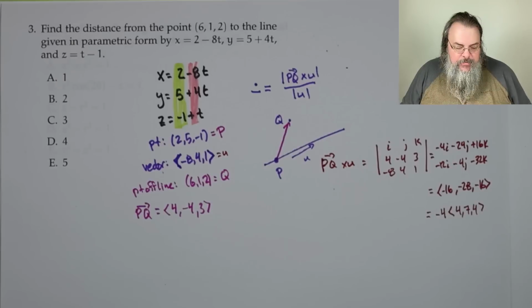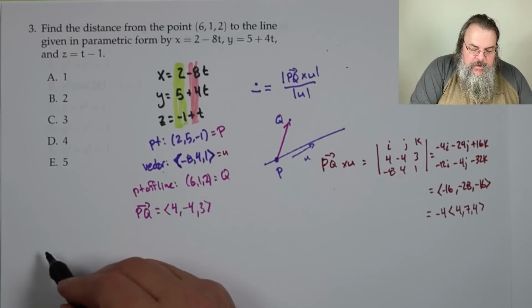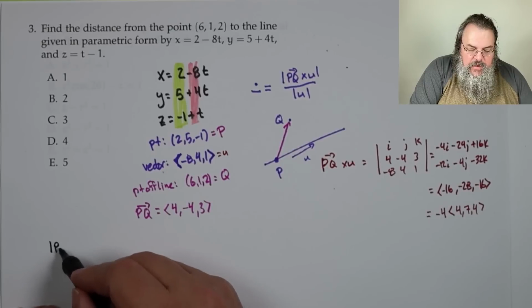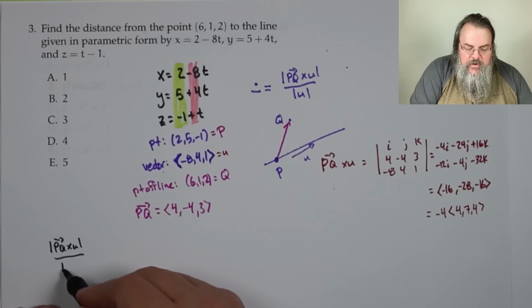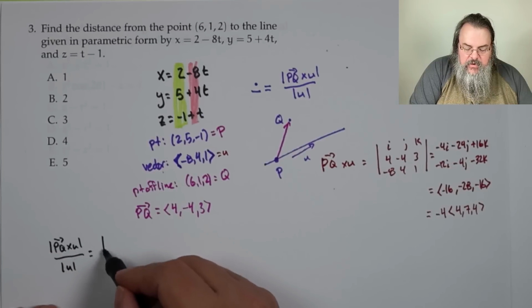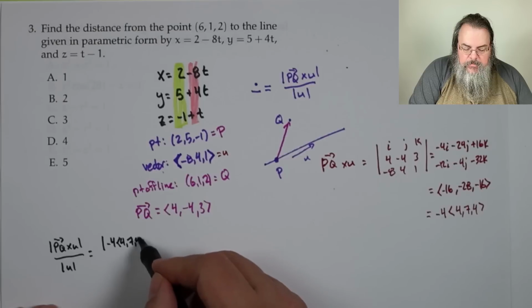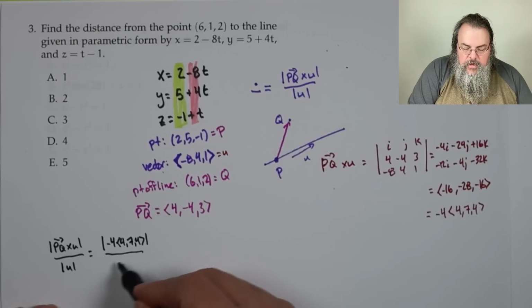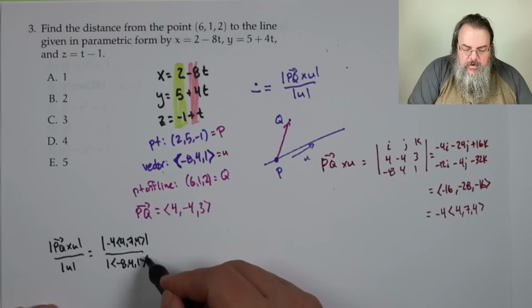So here we go. We have to plug it into our formula. So we have the magnitude of PQ cross u over magnitude of u. So that's the magnitude of negative 4 times 4, 7, 4 over the magnitude of minus 8, 4, 1.